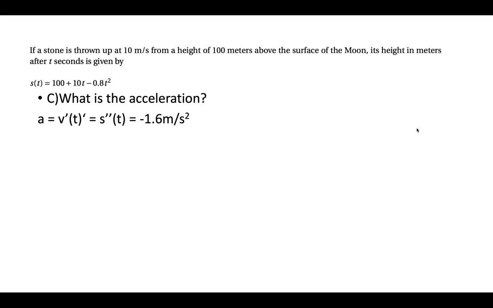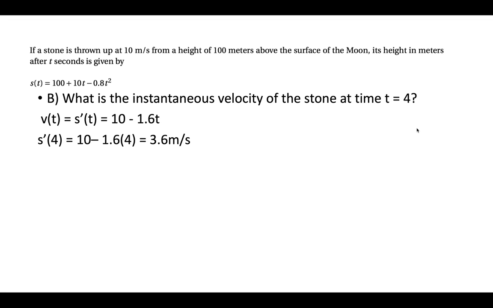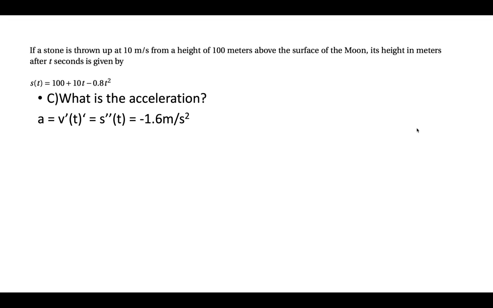So if you look back at our velocity function, it was 10 minus 1.6t. So the 10 has a derivative of 0, and negative 1.6t has a derivative of negative 1.6. And so that is negative 1.6 meters per second squared.